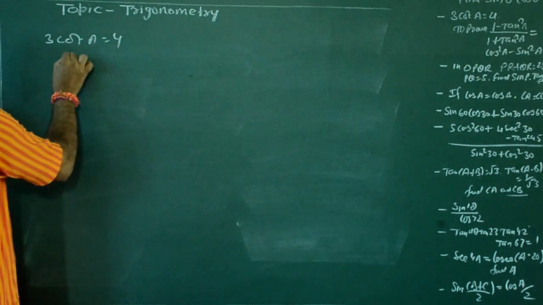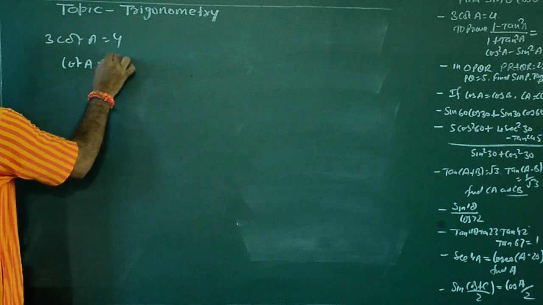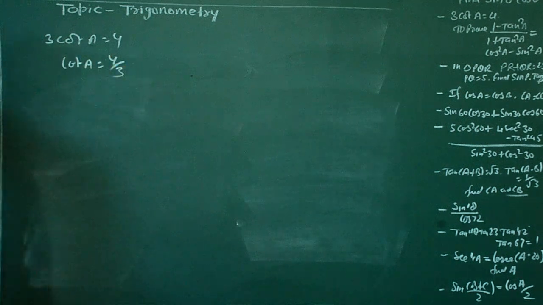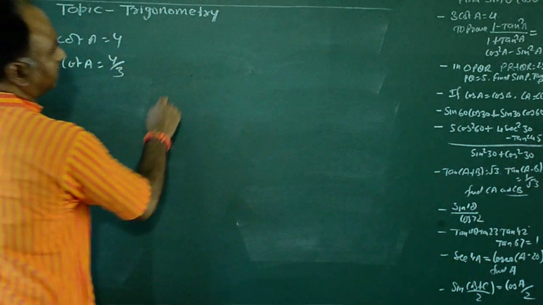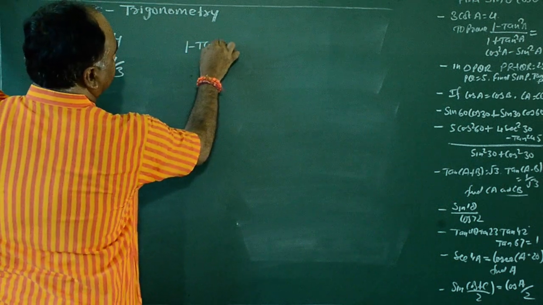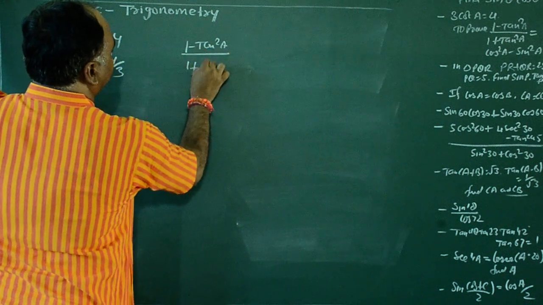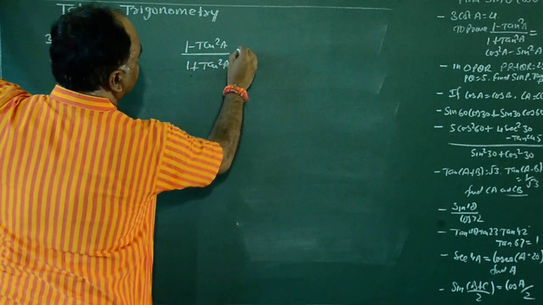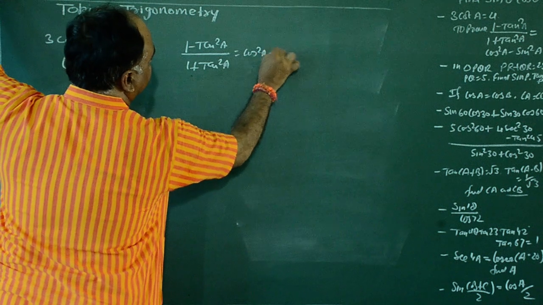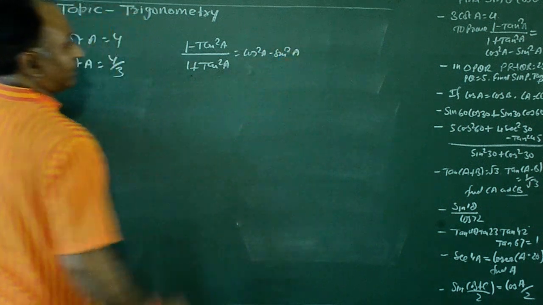So first you will find here value of cot a, that is 4 upon 3, and you have to prove here 1 minus tan square a upon 1 plus tan square a equal to cos square a minus sin square a. You have to prove it.